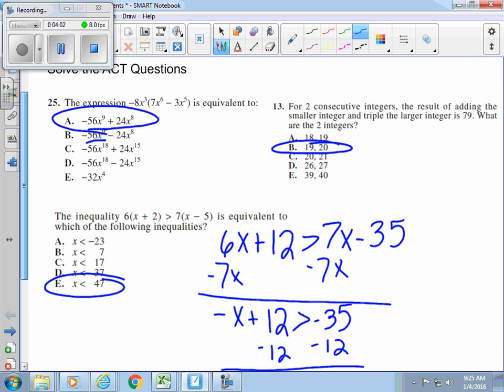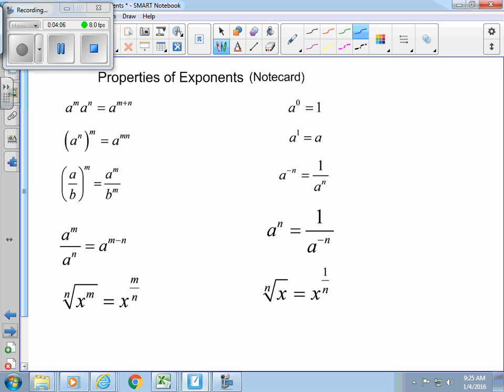Any questions about those ACT problems? Okay, properties of exponents. So, the first one, the one that you might have gotten wrong, that we haven't learned yet, this should answer how to do that. When you have two things multiplied together with the same base, a to the m times a to the n, that's the same as a to the m plus n.